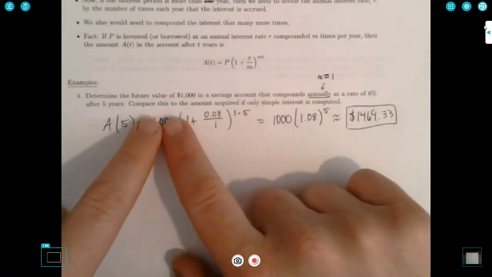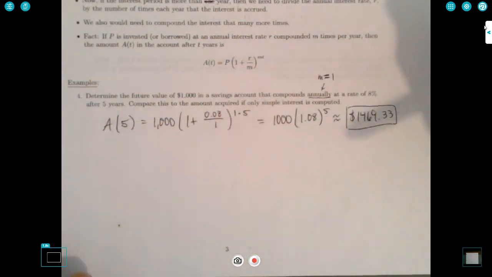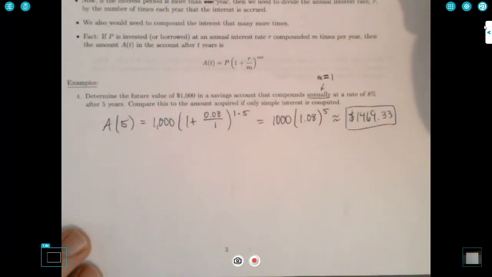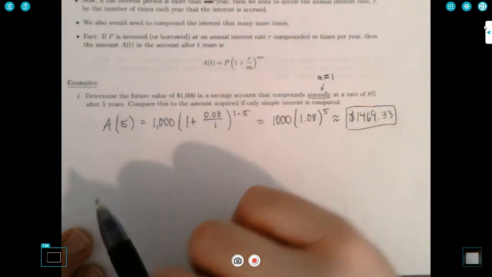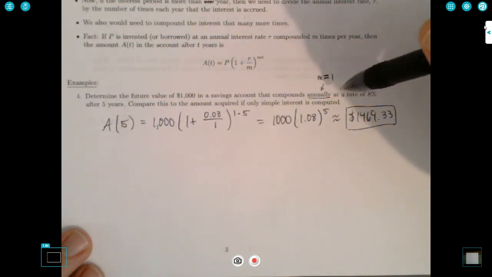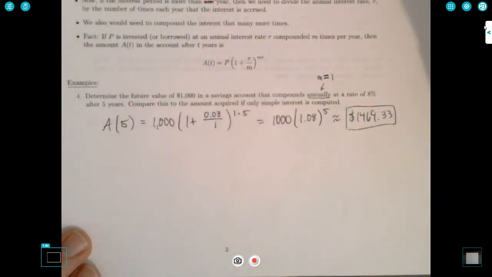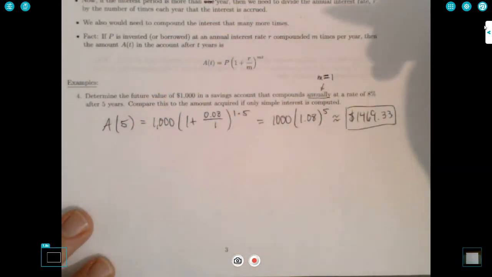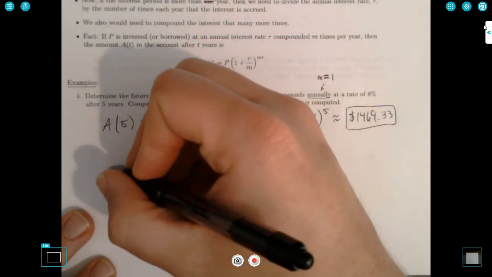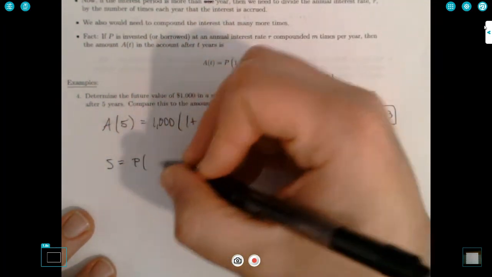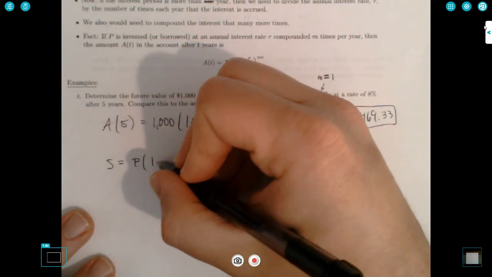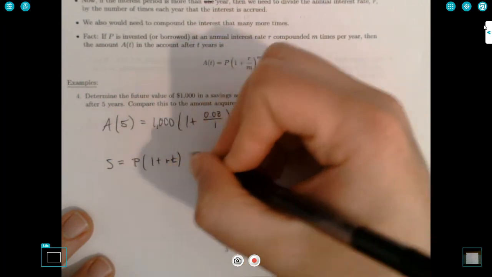Okay. Now it says compare this to the amount acquired if only simple interest is computed. So if simple interest is used instead of compound interest, in other words, if we don't compound the interest at the end of each year, if we just compute it after the end of the 5-year period, how much money would be in the account? Well, the sum would be P times 1 plus R t.